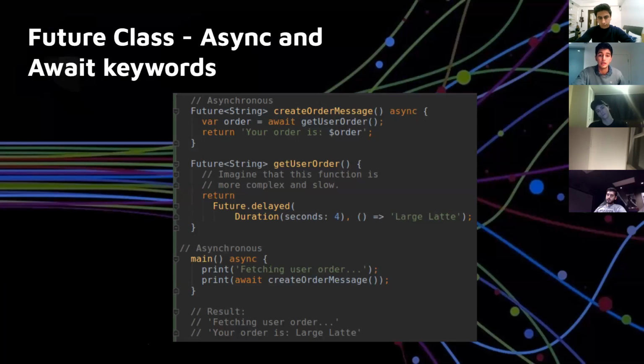Then you can see that the get user order will wait for 4 seconds before calling large latte, and then you'll get the order back up to the create order message. And then of course to the main function. You can definitely use this for debugging as well, having a duration instead of an actual piece of server code to see if your code works with an asynchronous implementation.